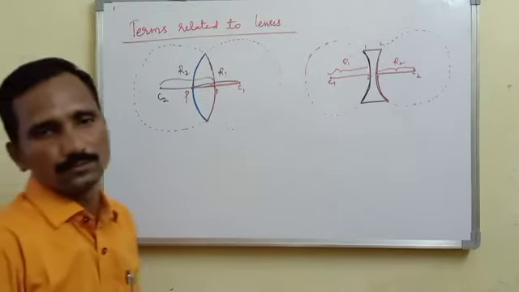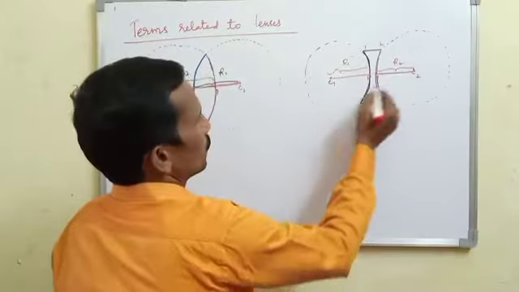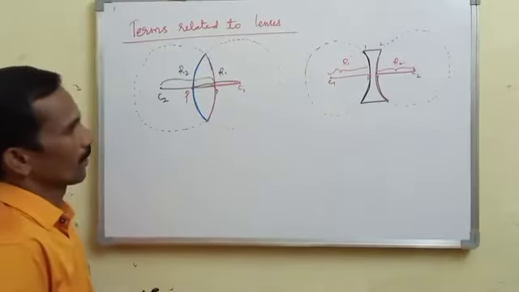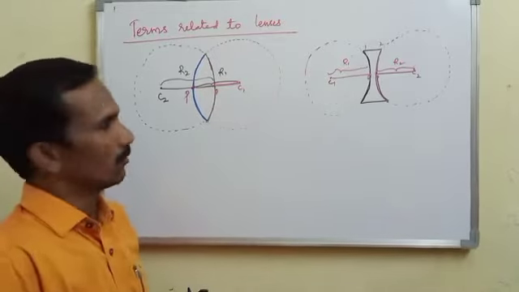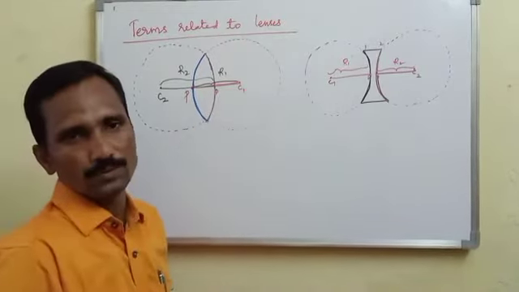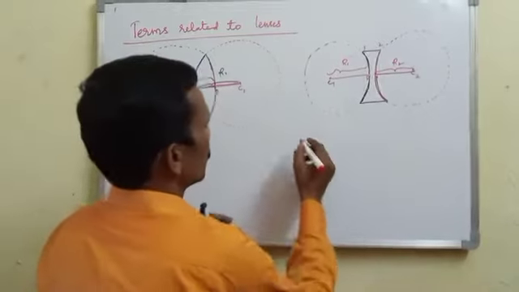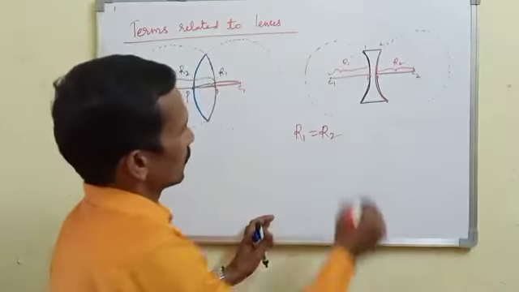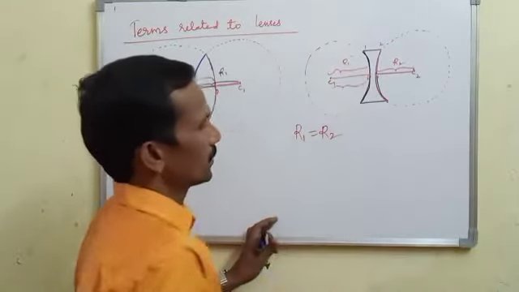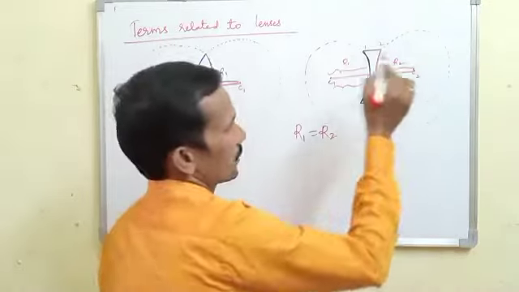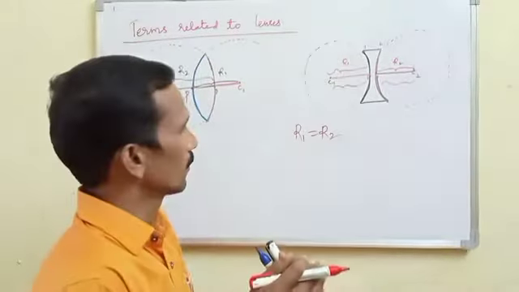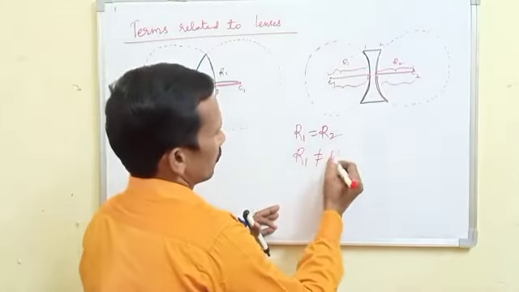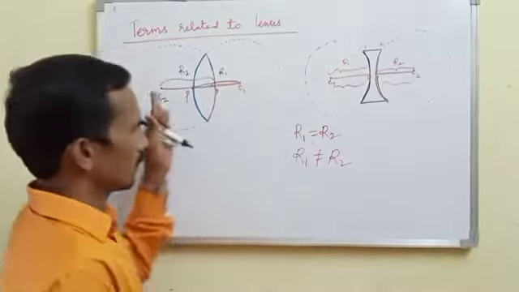One thing you should notice is that the two spherical surfaces may or may not be equal, because the lens is made from two curved surfaces, two spherical surfaces. So here R1 may be equal to R2 if both spheres are the same. Sometimes the radii of curvature may not be equal.